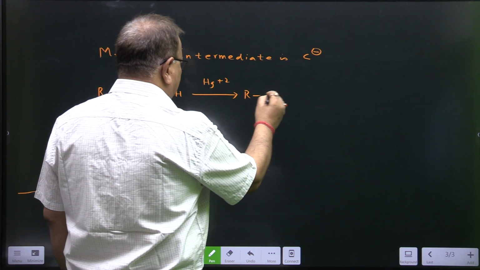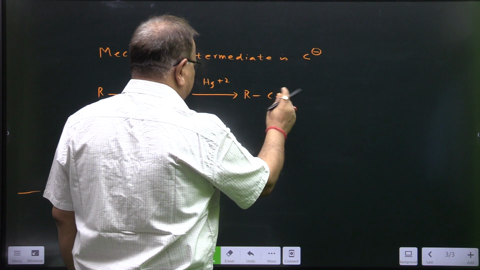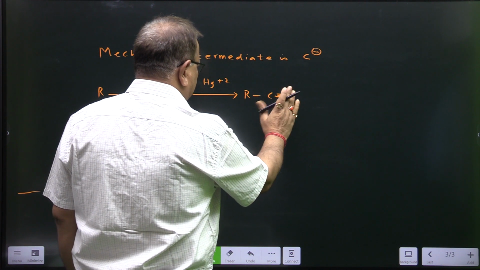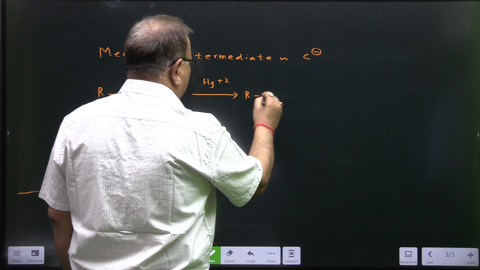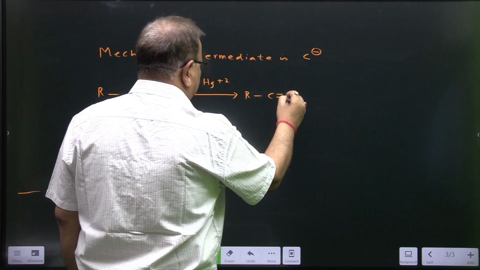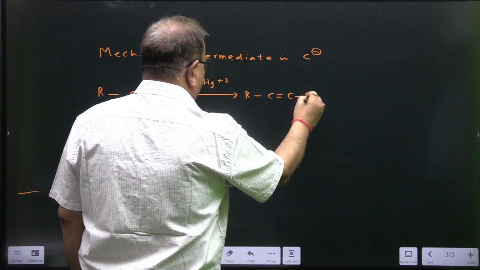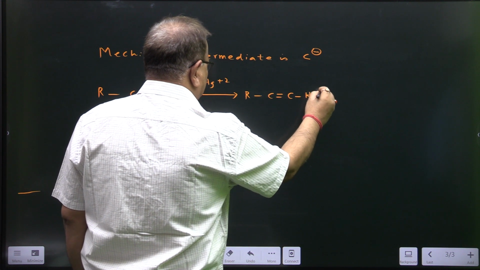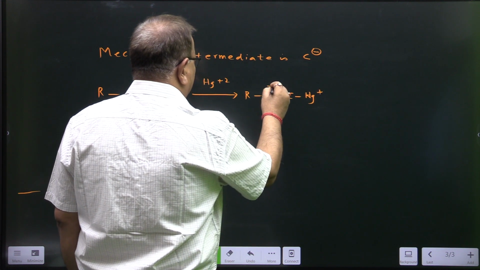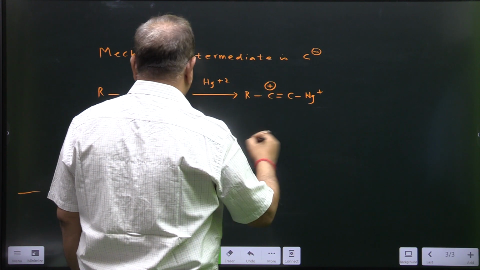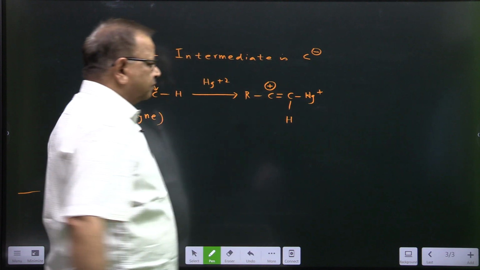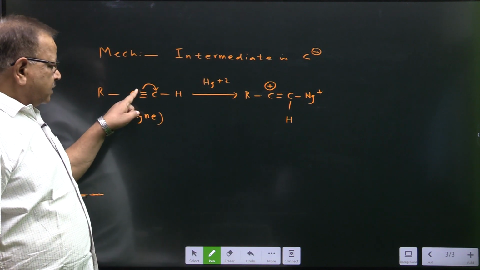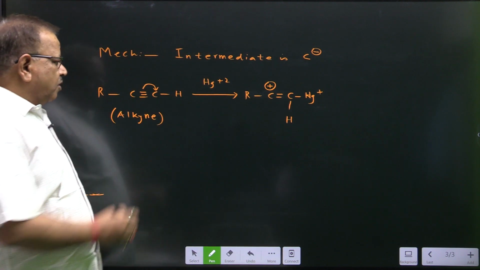R-C double bond C-H, it is plus and it is H. Or this will become delta negative and delta positive here.